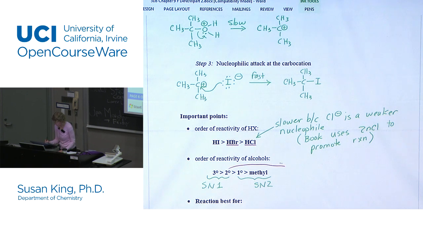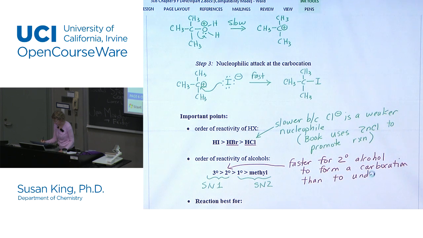So it's faster for a secondary alcohol to form a carbocation than to undergo backside attack.